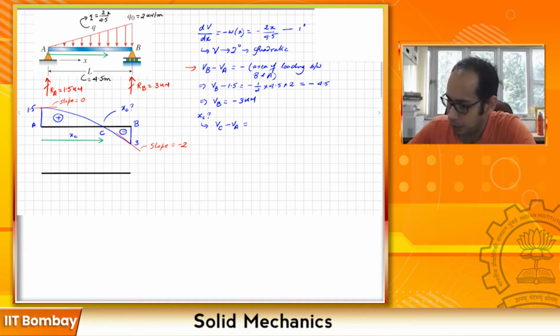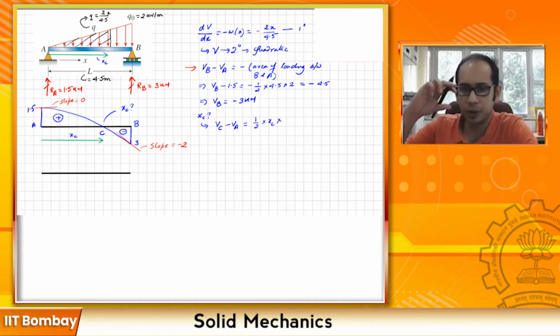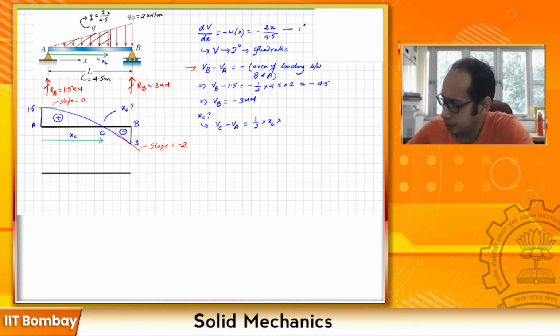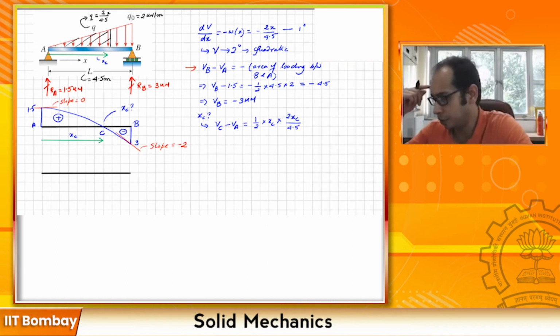So the area of the loading diagram from here to here is going to be this part over here, which is equal to half base times the altitude, that is half times XC times 2XC by 4.5, because the load is a linear function of x.